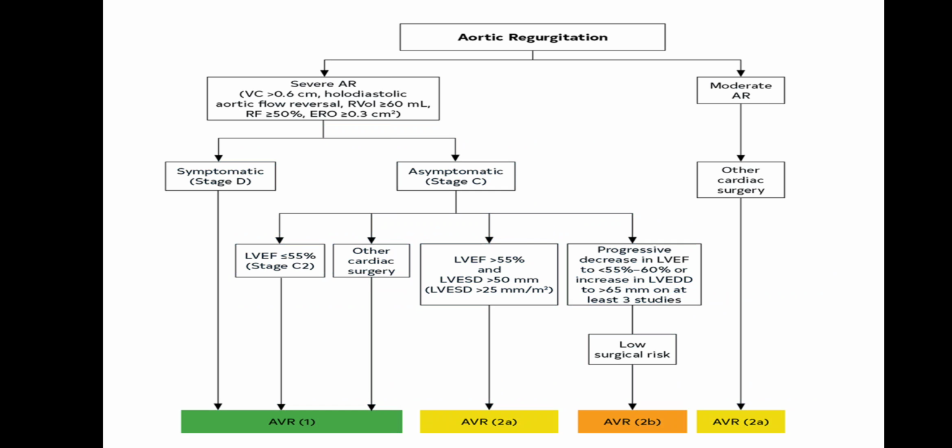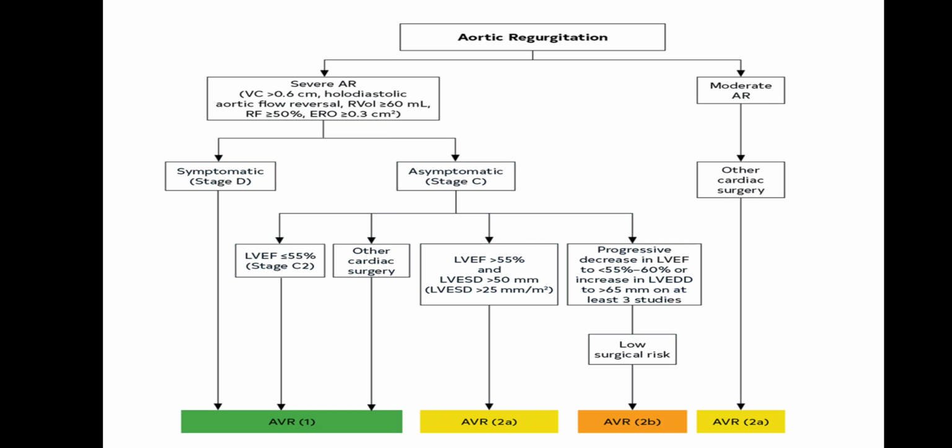If asymptomatic, that is stage C, and the LV ejection fraction is less than 55%, that is reduced ejection fraction, stage C2, aortic valve replacement is a class 1 indication. If the patient needs other cardiac surgery and is asymptomatic in stage C, it is also a class 1 indication for aortic valve replacement.